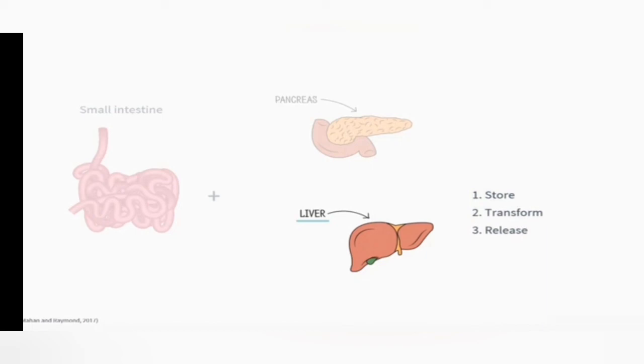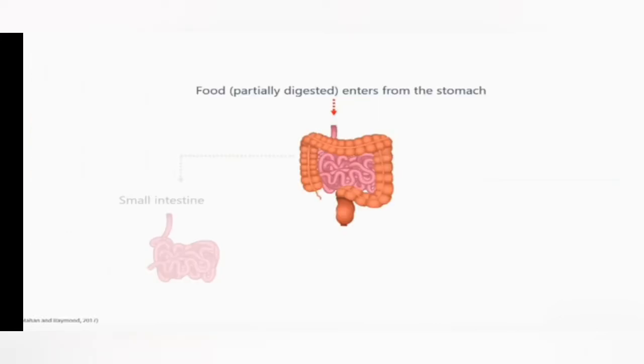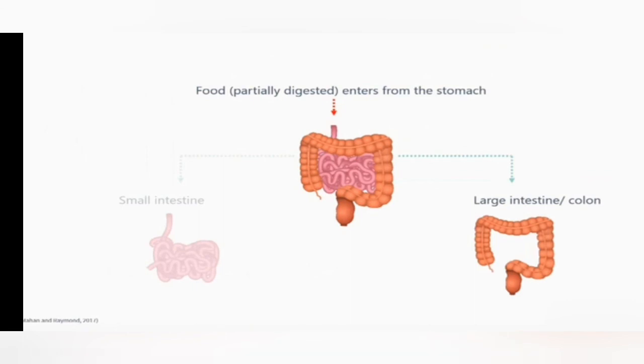So let's discuss the large intestine or colon. The next organ is the large intestine, where partially digested food enters, and the partially digested food gets fully digested in the large intestine, which also has a major role in water absorption.